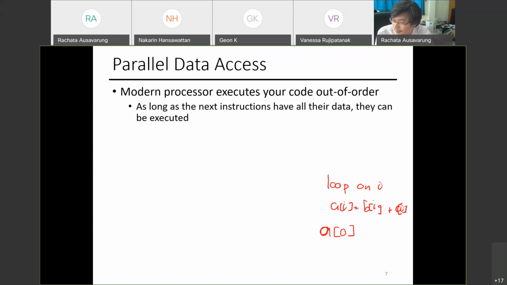A0 is B0 plus C0, right? So you basically need to know what B0 is and what C0 is. How about A1? What data do you need to compute A1?